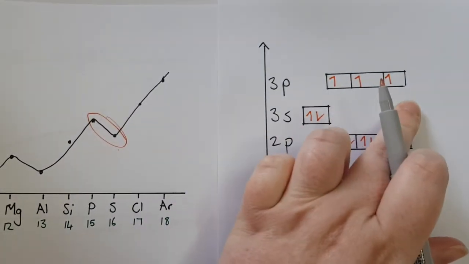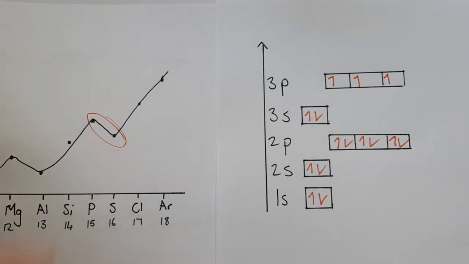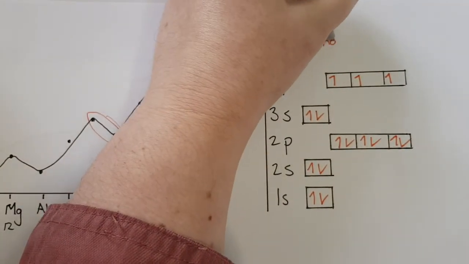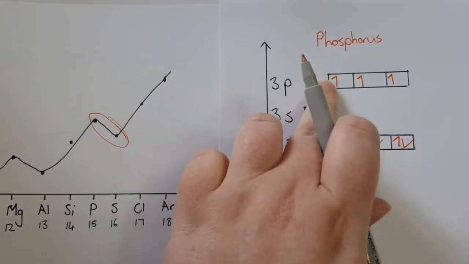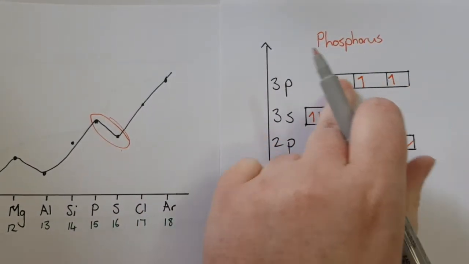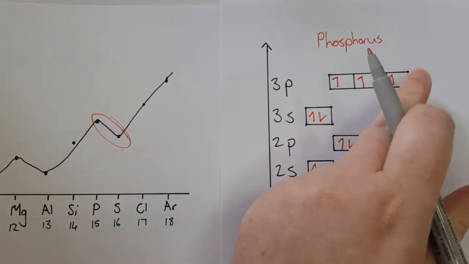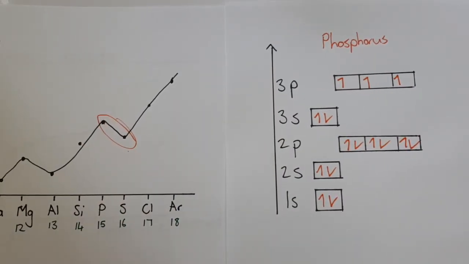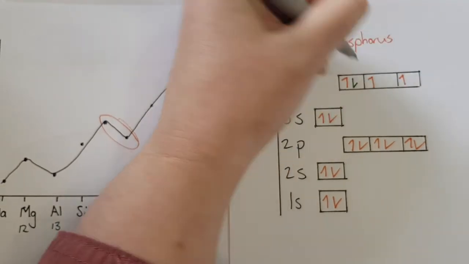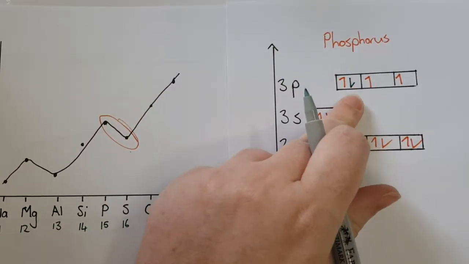Remember, we always half fill. So for phosphorus, that means that in the 3p orbital, they're only half full. But as soon as we get to sulfur of 16, we add 1 more electron there, and then we've filled 1 orbital.